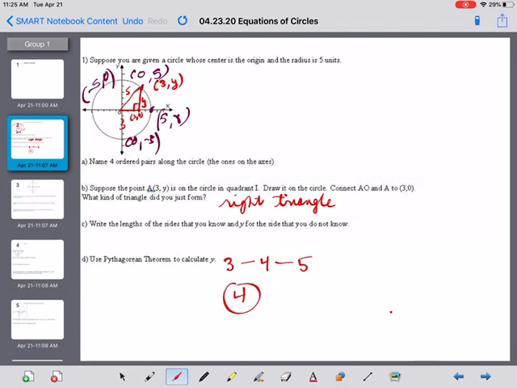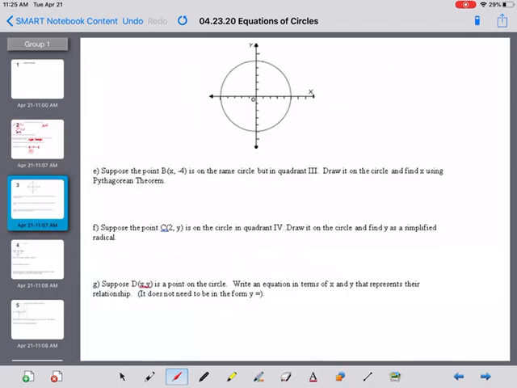So y equals 4. That means the ordered pair (3, 4) is a solution to the equation that we're going to find in just a minute. You can do this process to find any missing point on the circle, but then we're going to get the equation in just a minute.